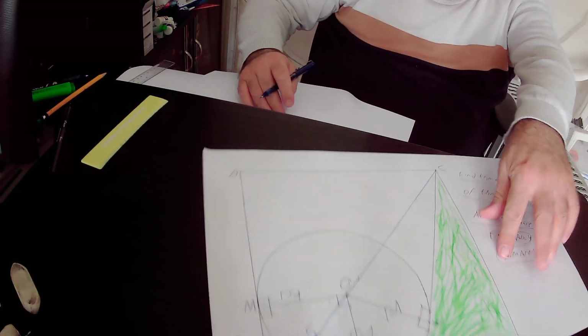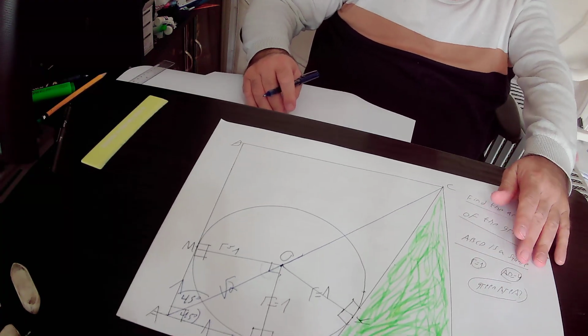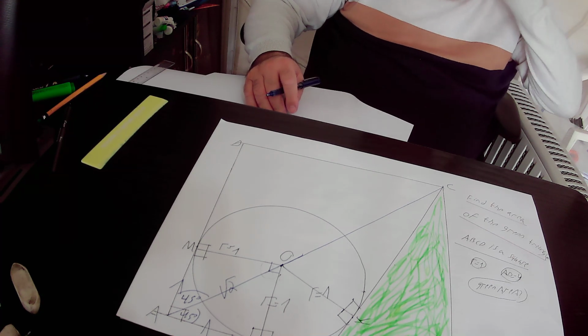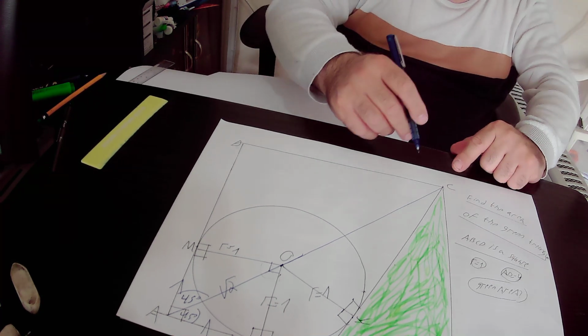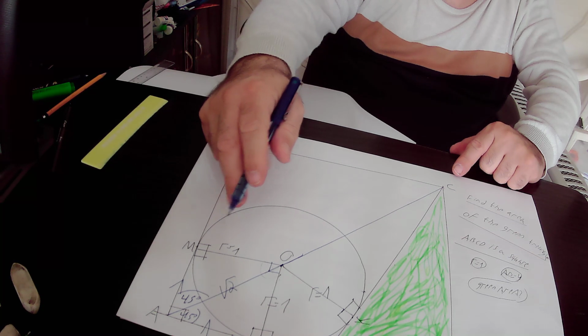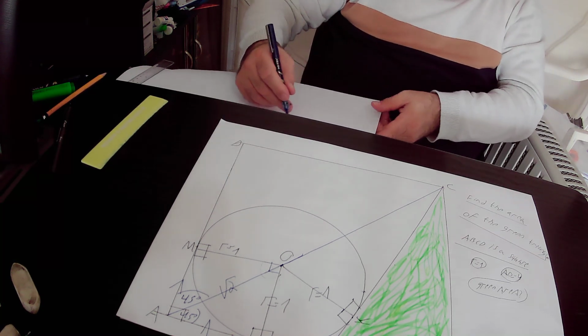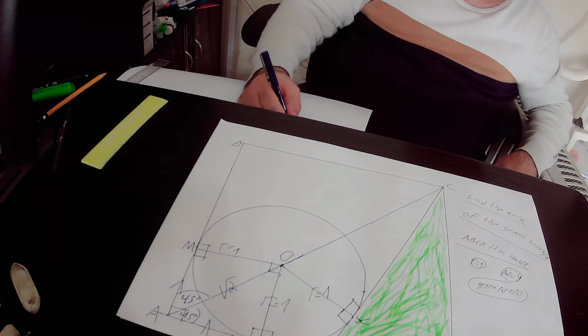Likewise, we can calculate, according to rule number 7, the length of diagonal CA of square ABCD. So we relate to square ABCD.